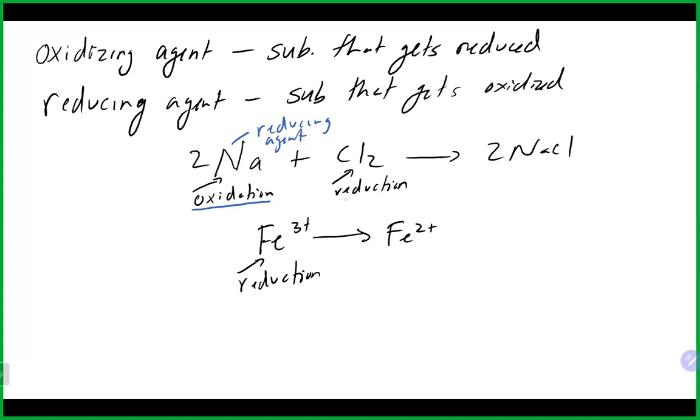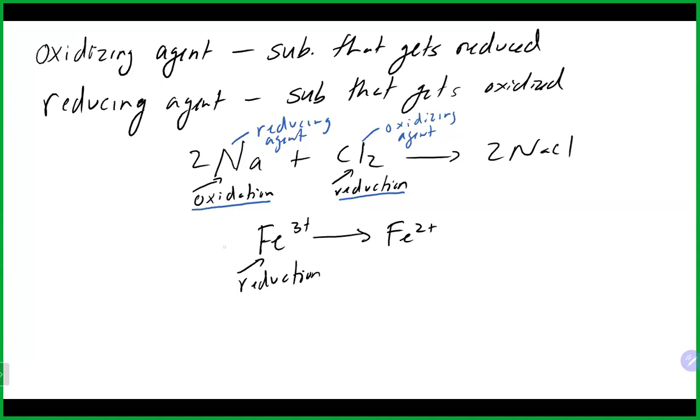The chlorine here is going through reduction, which means the chlorine here would be our oxidizing agent. It's the same sort of explanation. In order for chlorine to gain electrons, it has to cause somebody else to lose electrons. When it causes somebody else to lose electrons, it's causing somebody else to be oxidized. That's why it's known as the oxidizing agent.